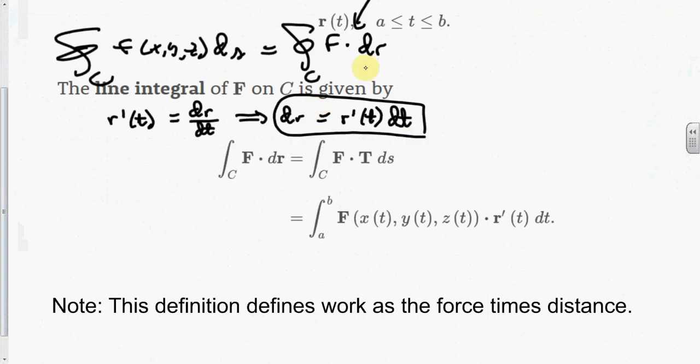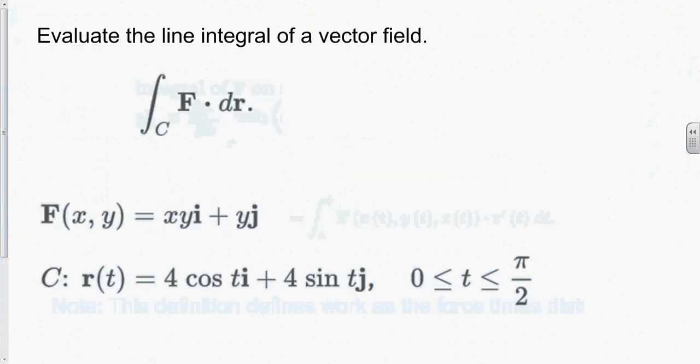And here, that's the dr that we're considering. Right? So for the vector field, we no longer consider ds, because ds is in terms of a function, little f. Let's see how that works out.